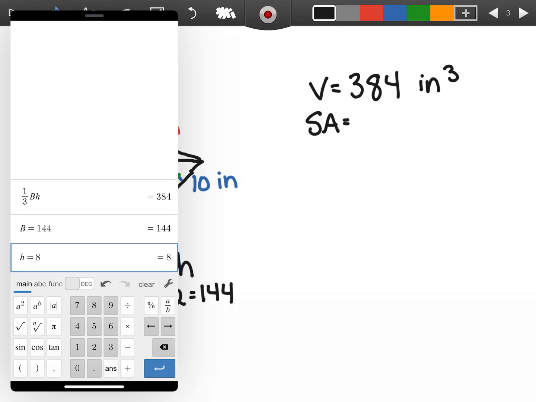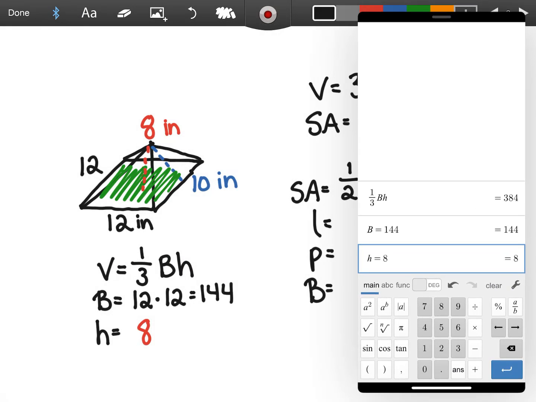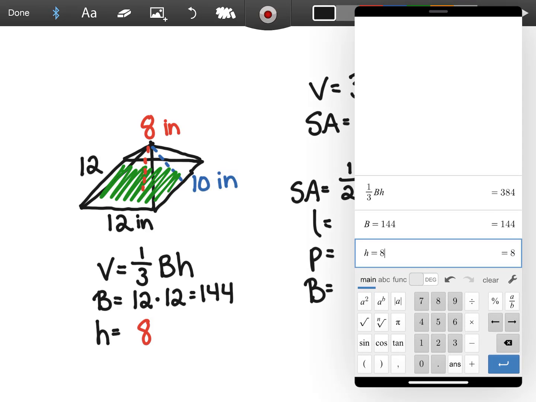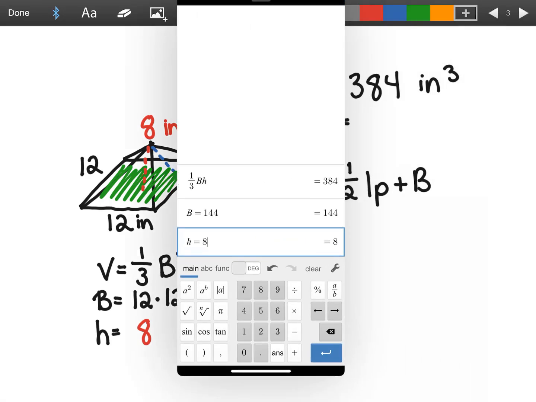Now let's move into the surface area. The surface area of a pyramid can be found with the formula 1/2 LP plus capital B. So we need to find L, P, and capital B. Well, if we look, the slant height is 10. It is the height from the top of the pyramid to the base, sloping down one of the sides.